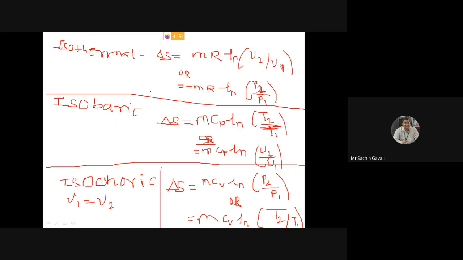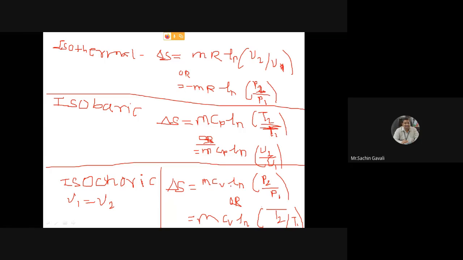So in everybody's notebook, these formulas should be there. Isothermal condition: delta S is equal to minus mR ln P2 upon P1, or mR ln V2 upon V1. Isobaric condition: mCp ln of T2 upon T1, or mCp ln of V2 upon V1.